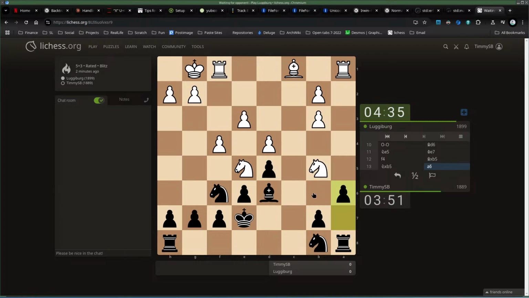Oh shit. Yeah, that costs the whole piece.